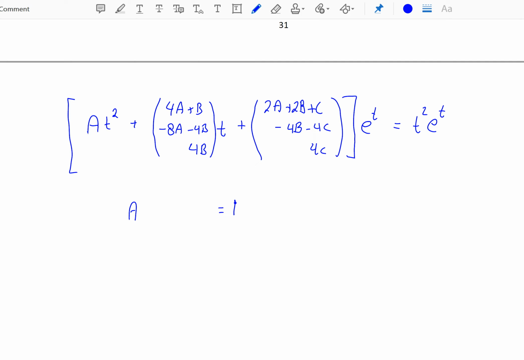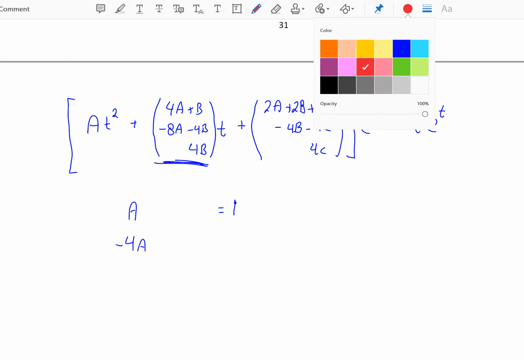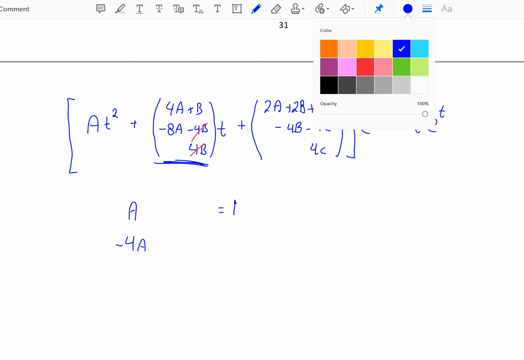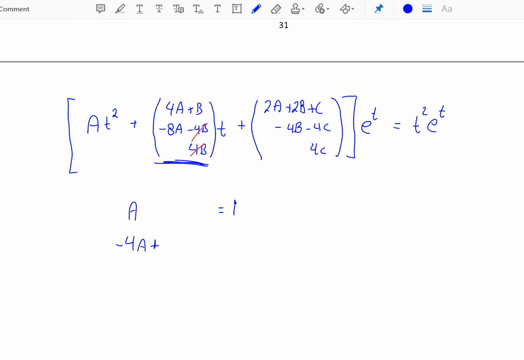If you combine all the t terms here, I think we're going to get negative 4a. I think these bottom b terms will cancel. So negative 4a plus b has to equal the coefficient of t on the right-hand side, which there isn't one, so 0.